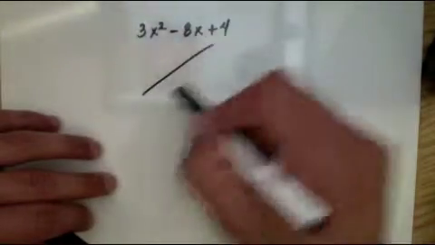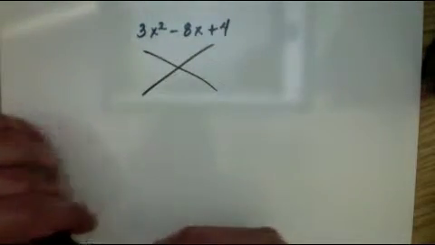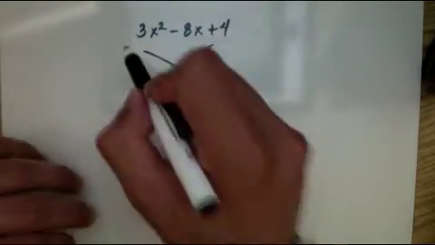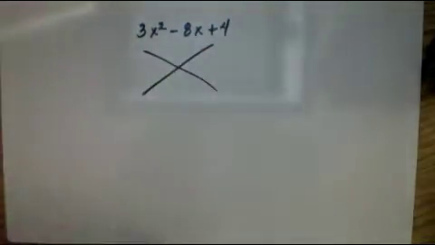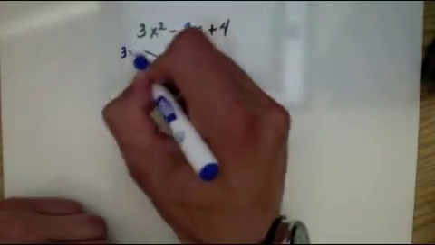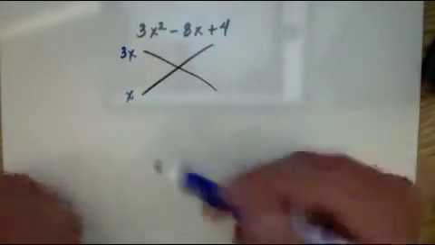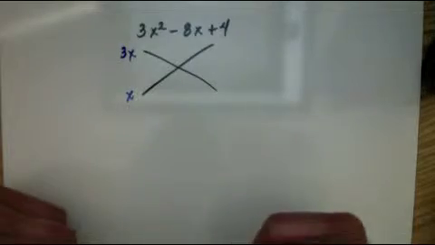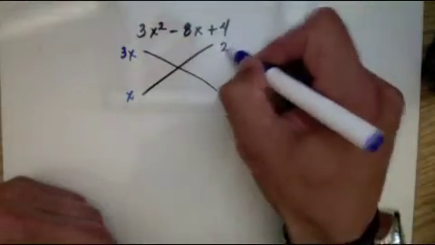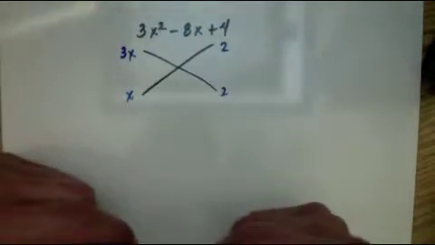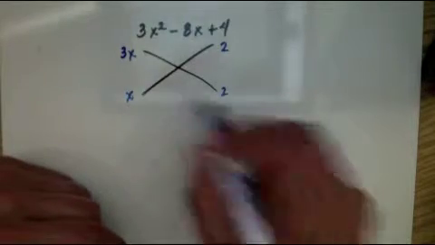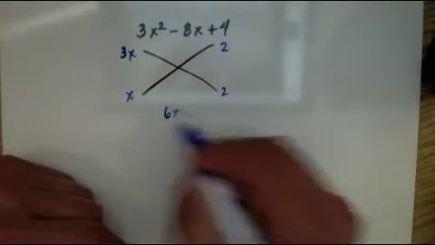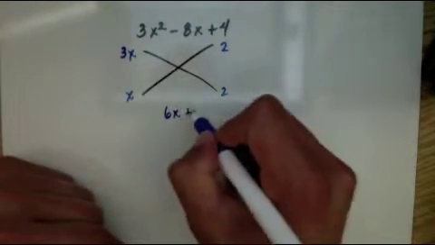Alright, let's go ahead and do this one. 3x squared plus 8x plus 4. Same thing. 3x and x. Factors of 4, well, we can use 4 and 1. I'm going to use 2 and 2, just because I can see it already. And after a while, you can see it already in your head. 3x times 2 is 6x.